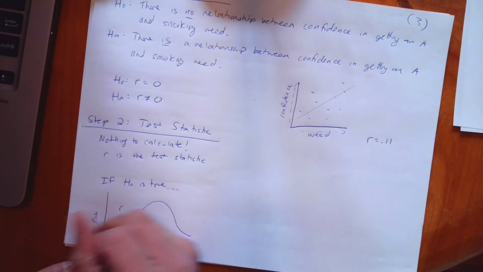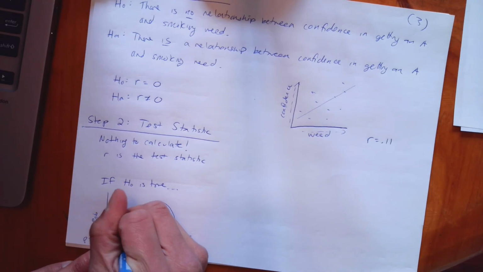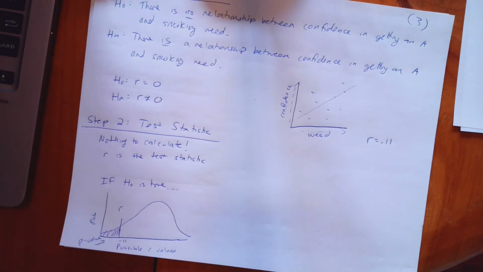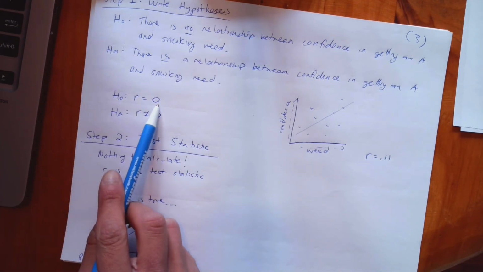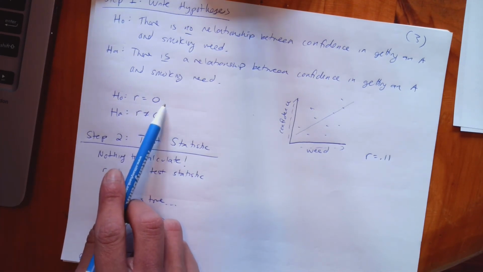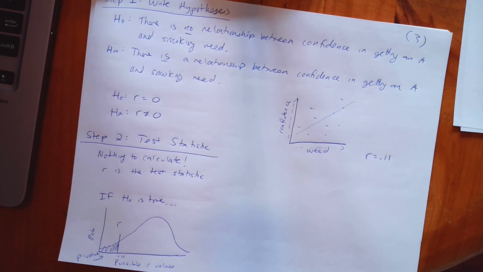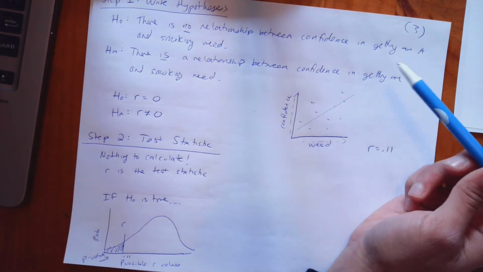So here we had an R value of 0.11, and then our question becomes, is this R value of 0.11 so big that we have evidence that there is a relationship between these two variables in the population? Is it so big that it would be unreasonable for it to come from a population where really the relationship between these two things is 0, and the graph just looks like a blob and not any sort of line?